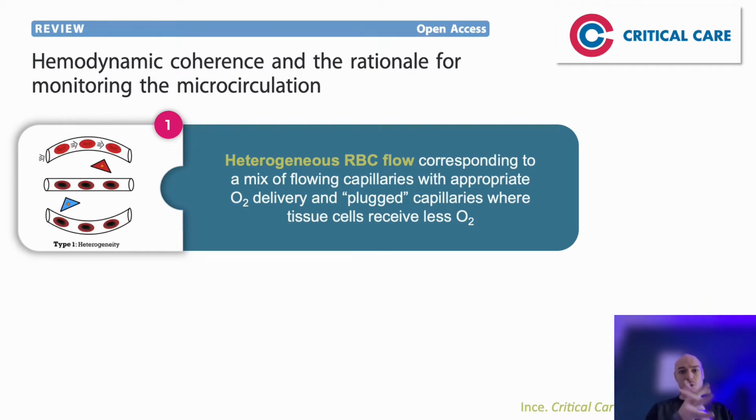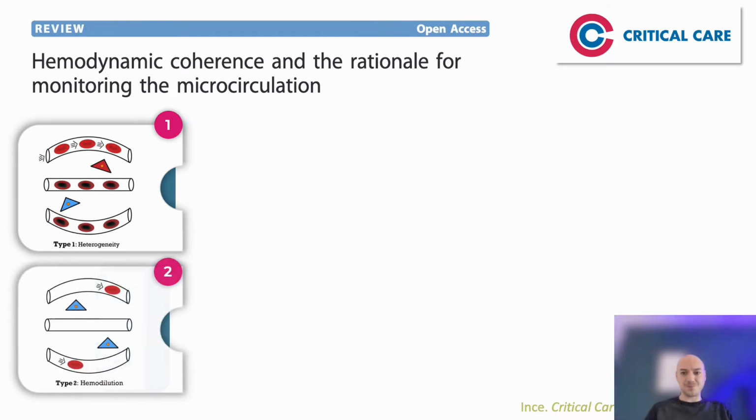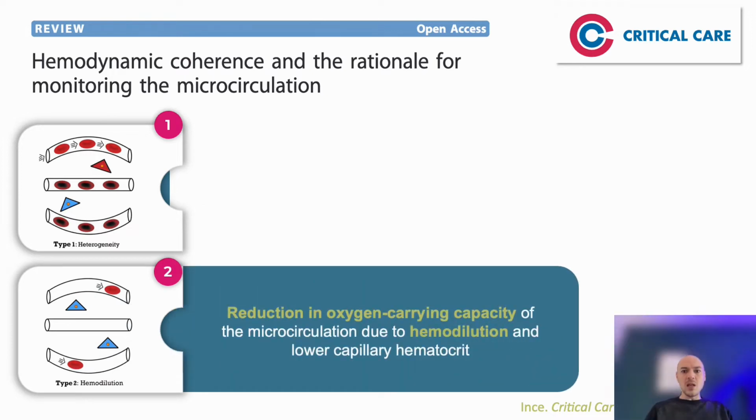This is the hallmark of the microcirculatory alteration seen in sepsis. Type 2 is defined by a reduction in oxygen carrying capacity secondary to hemodilution and lower capillary hematocrit.